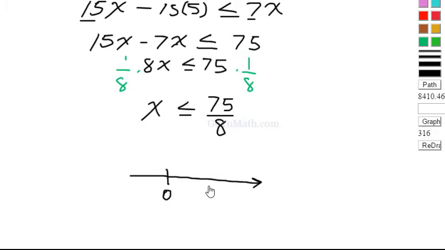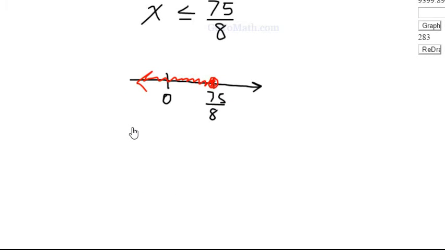So here's 0. We'll say 75 over 8 is down here somewhere, and we are including it. So we want to put a circle and fill the dot in because we're including it. And it's everything to the left, correct? Because it says less than or equal to. Let's do the interval notation down below here.